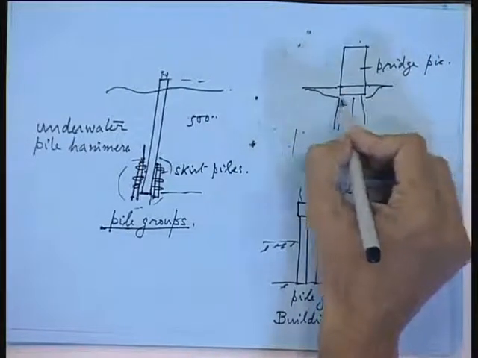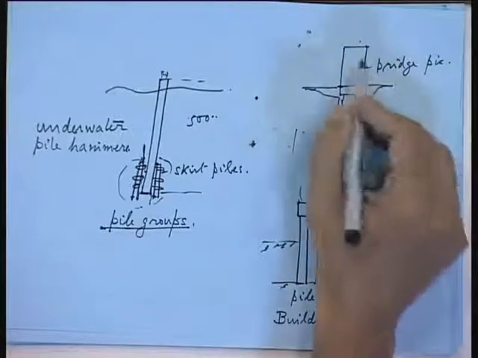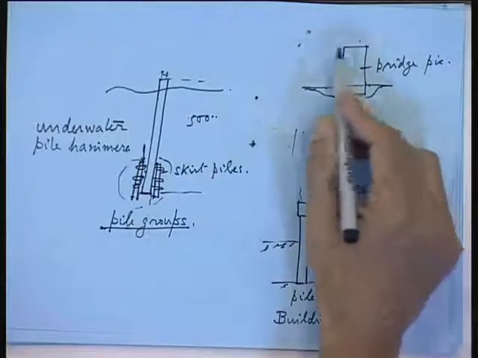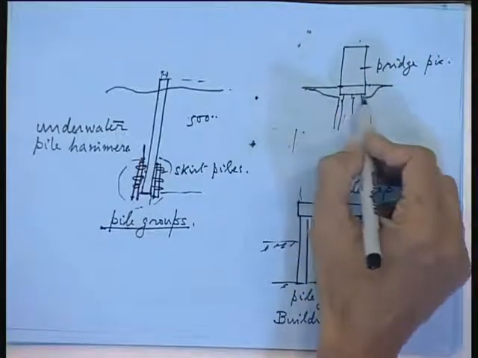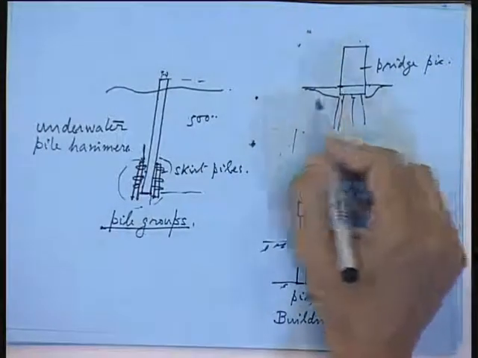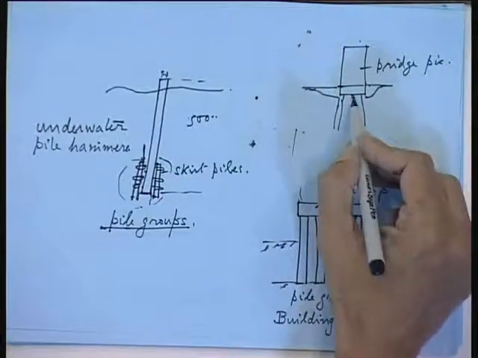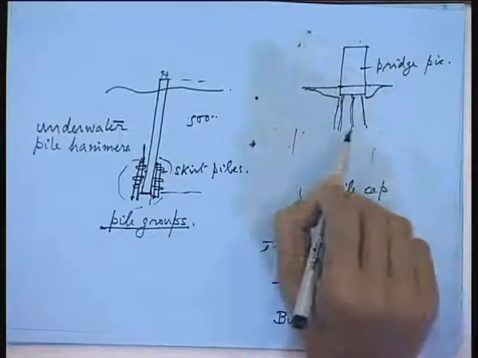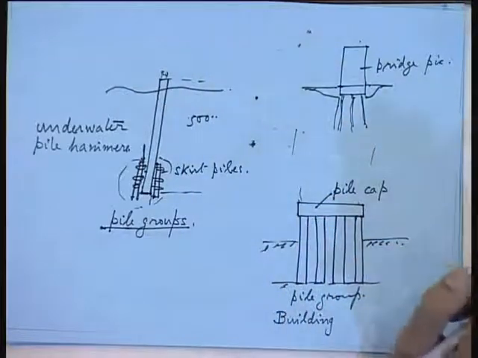That is why you make a foundation like this on a pile cap. The pier is always built on piles. You will never find a pier just sitting on the seabed. You cannot see it with your naked eyes, but below the river bed you will find huge piles. So, you have to make the foundation strong.